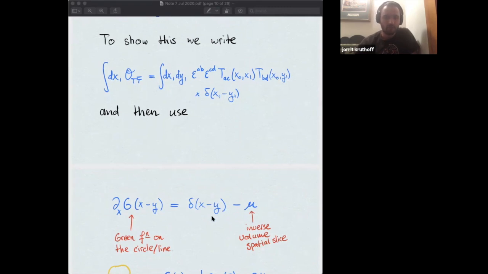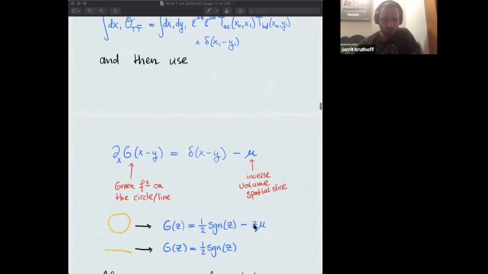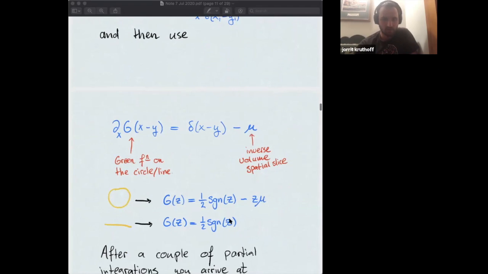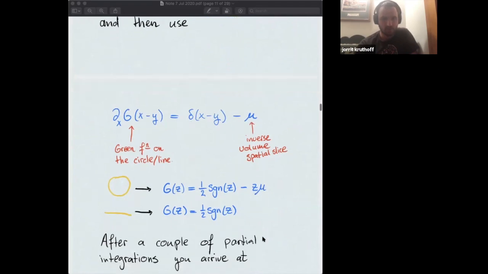And so I can substitute this delta function with this derivative of the Green's function and this parameter mu, that is the inverse volume of the spatial slice, will be 0 when I'm on the Lorentzian plane, and it will be 1 over L when I consider the cylinder. And you can write down explicit forms for these Green's functions in this way.